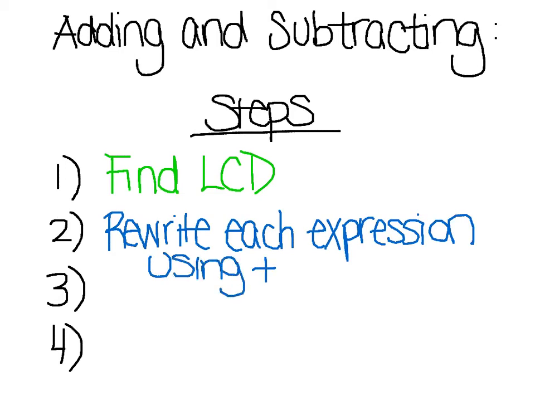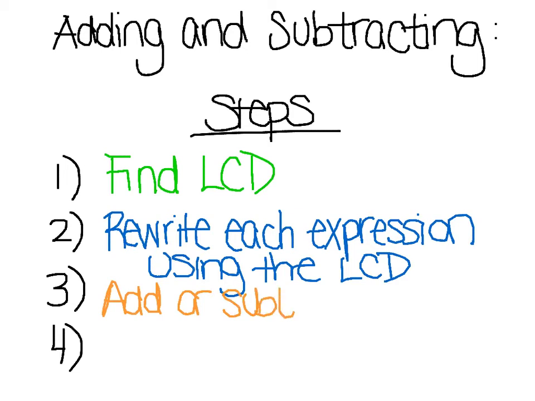So using this new LCD that you found, you're going to rewrite by multiplying by fractions of 1. Step 3, you're going to add or subtract. And then hopefully you can guess what step 4 is. But step 4, you're going to simplify.